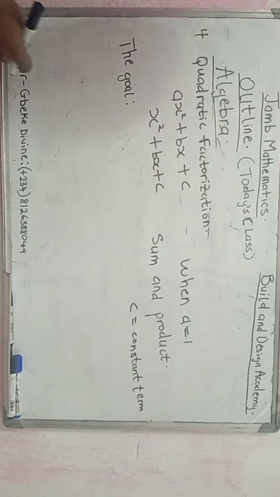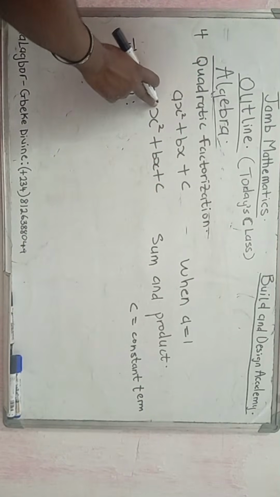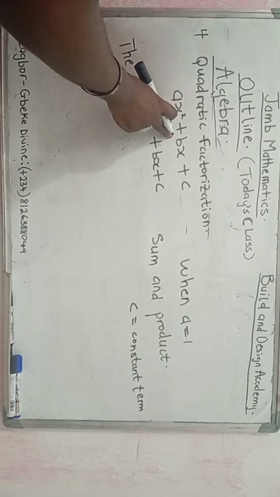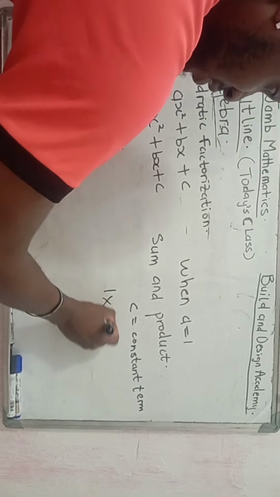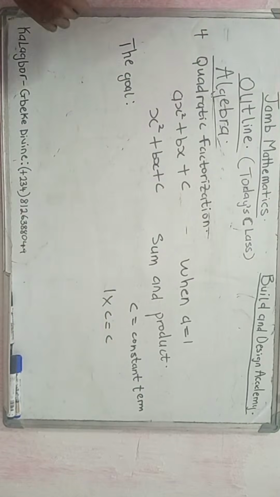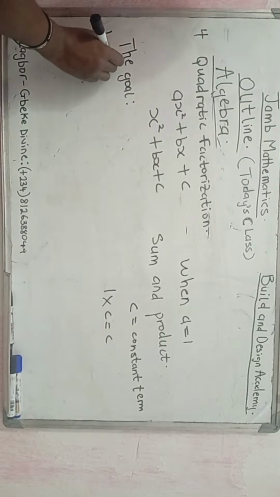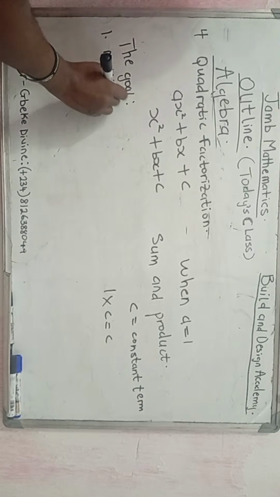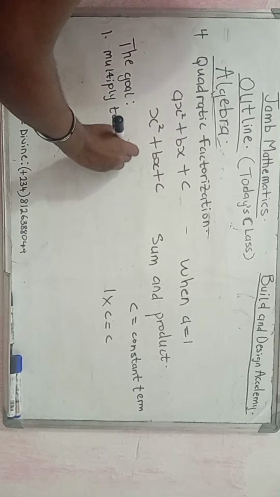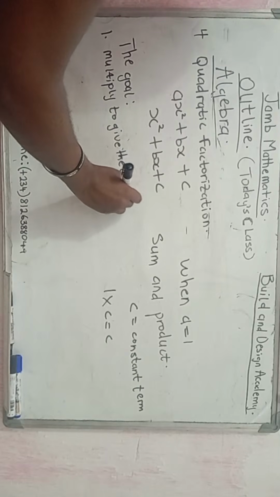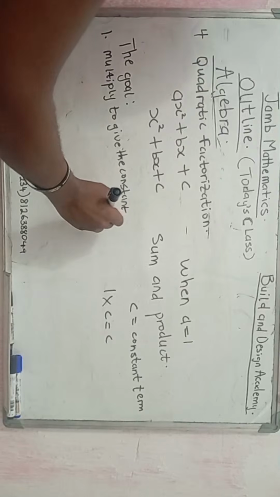So if we take the coefficient of x squared times the constant term, the coefficient of x squared is 1, 1 times c gives us c. So the first goal: multiply to give the constant term c.